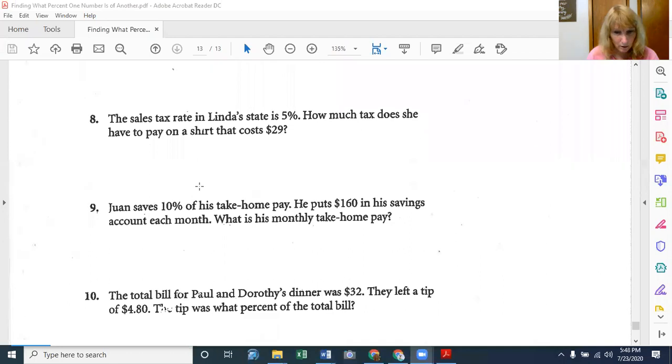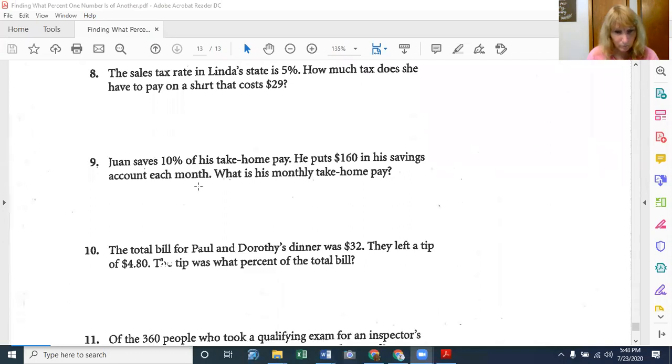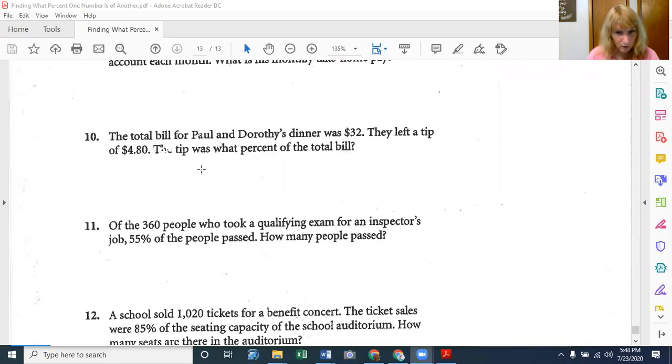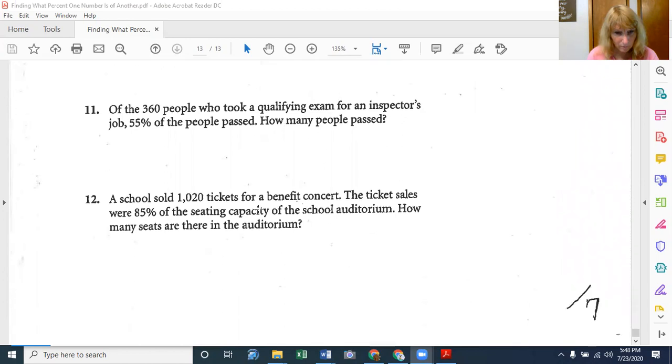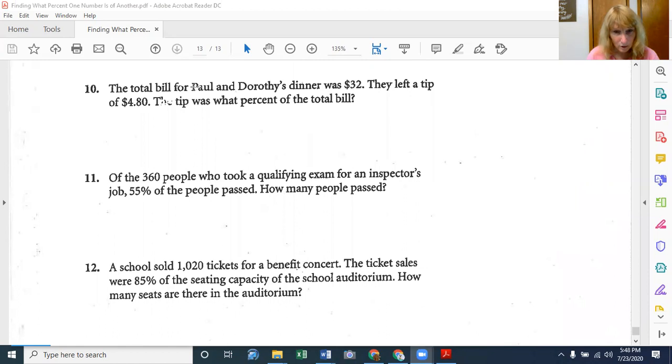Okay, let's see if there's any others with an increase. I'm just looking to see if there's any with that. Doesn't look like it. So number 11, let's look at that. Of the 360 people who took a qualifying exam for an inspector's job, 55% of those people passed.